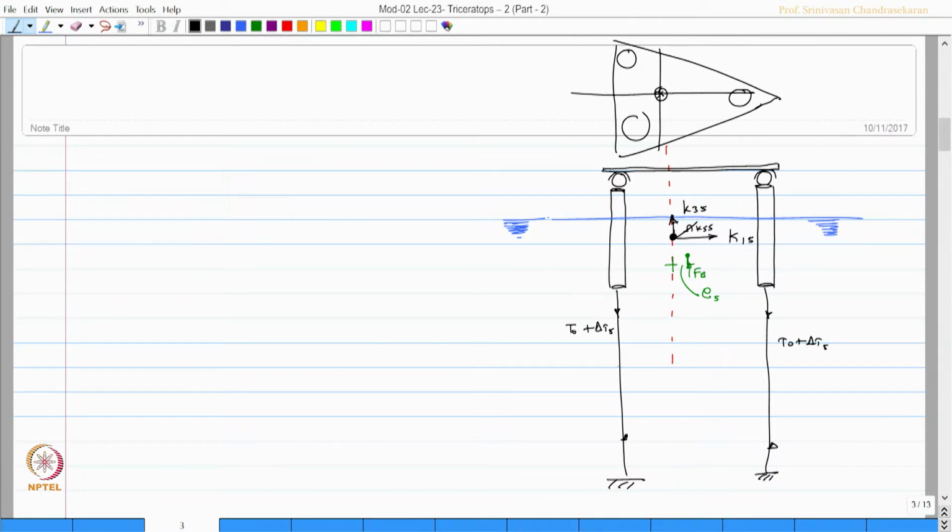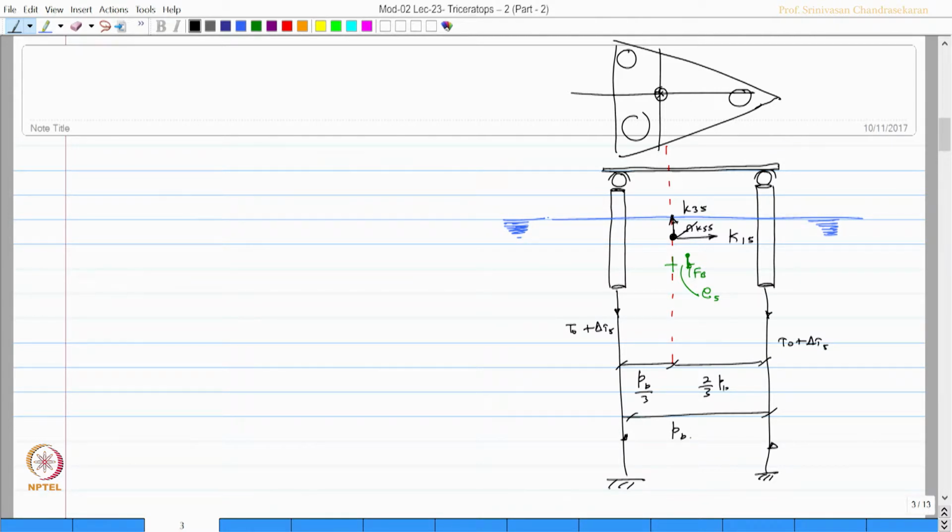From this distance, this leg is at P b by 3 and 2/3, where of course this distance is P b in the plan dimension.